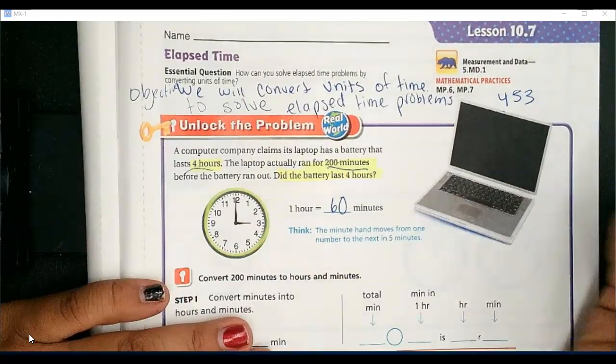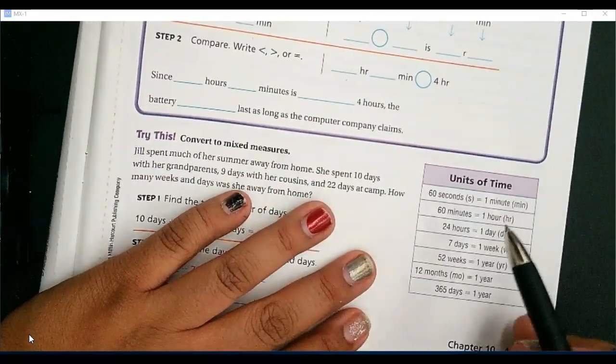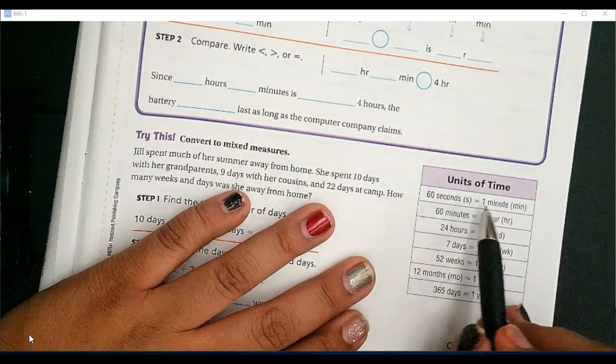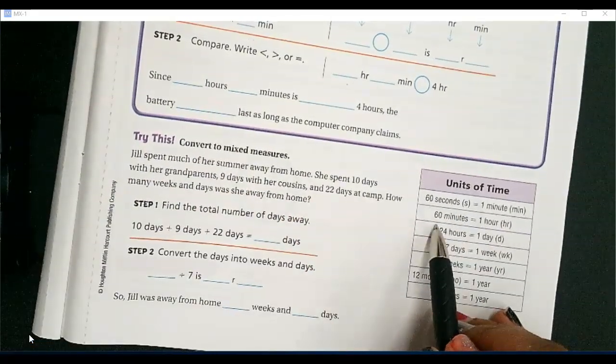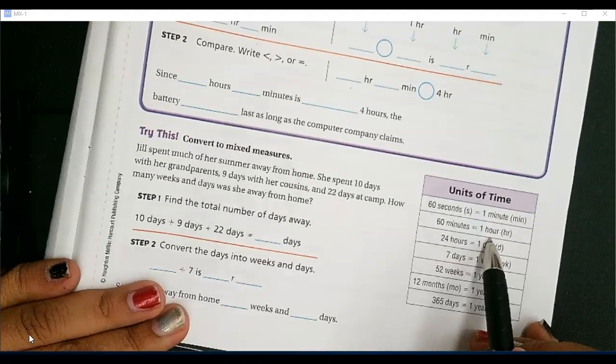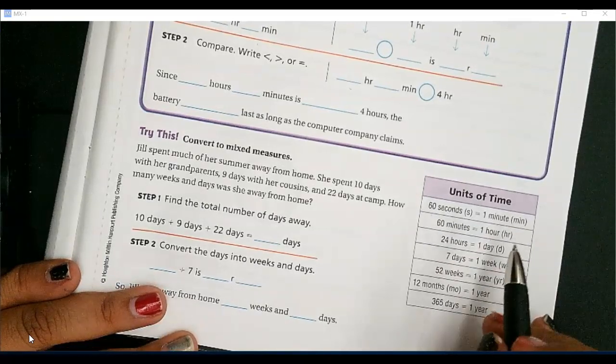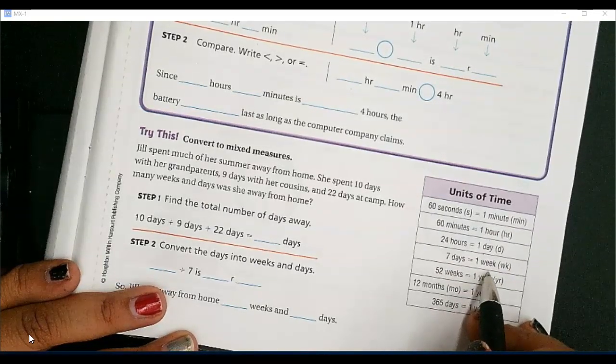And then let's just go ahead and review. There's other units that you need to know. For example, there are 60 seconds in 1 minute. There are 60 minutes in 1 hour, 24 hours in 1 day, and then there's 7 days in 1 week, right?